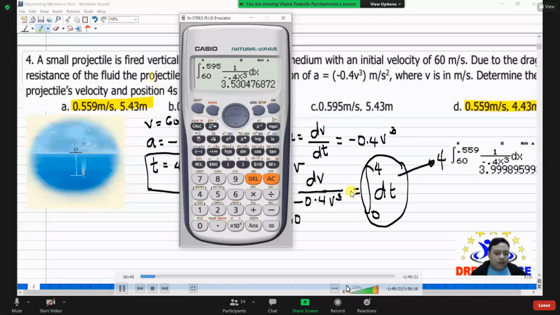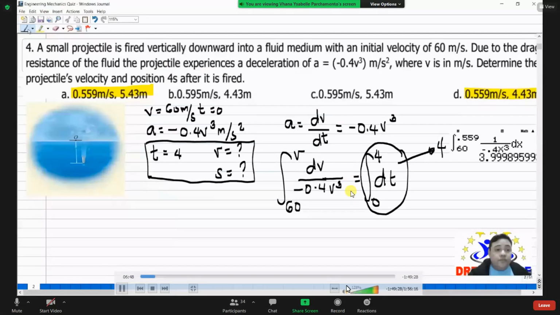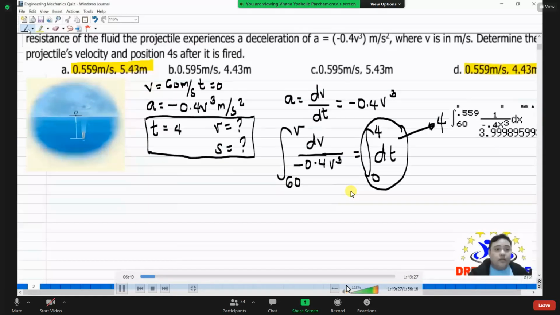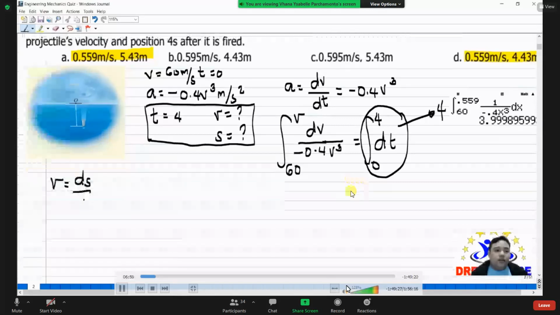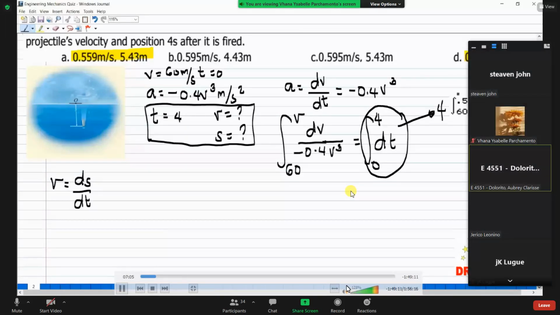So, kapag kukunin natin yung displacement, so ang gagawin lang natin, so V is equal to ds over dt. Pero ang gagawin pa natin dito, hahanapin natin yung velocity as a function of time. So, therefore, alisin na lang natin yung limit dito.